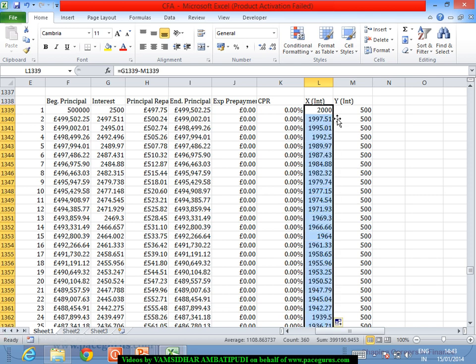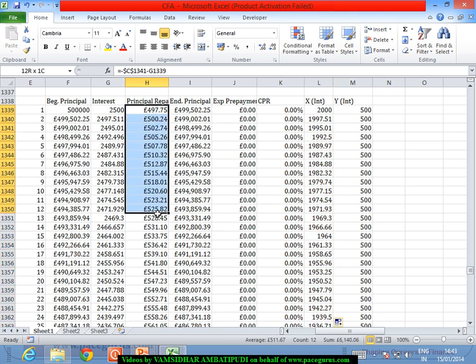Alright, these are the interests which are received by the tranche X, and at the same time he will keep receiving these amounts of principal in each period, which means the principal repayment part first goes only to X. Y does not receive anything on the principal repayment because Y is a part of the next tranche.